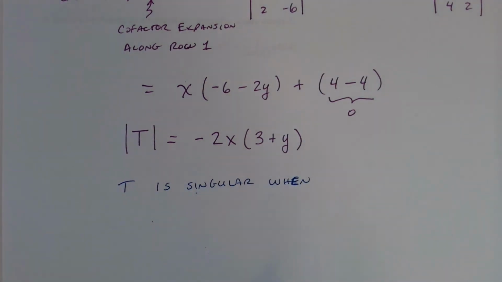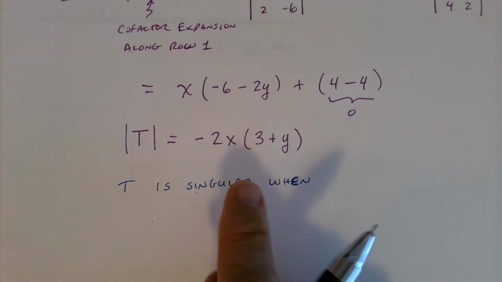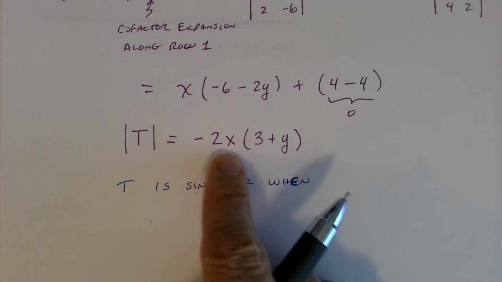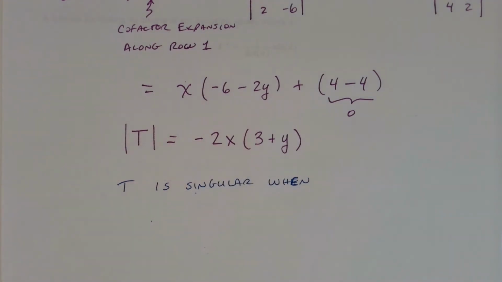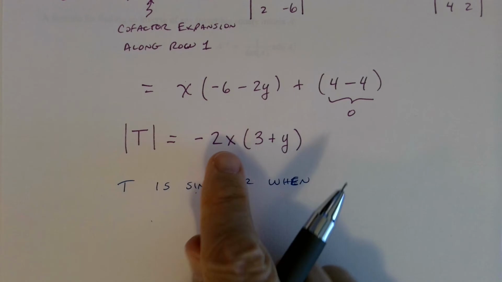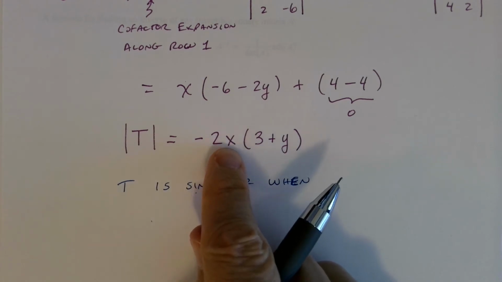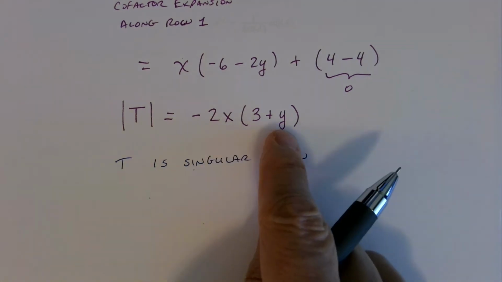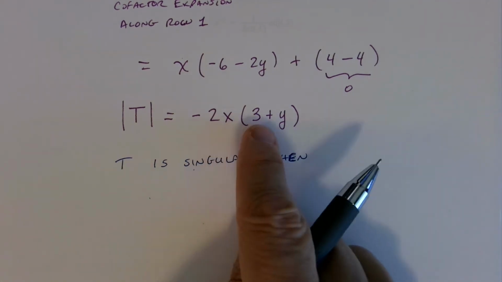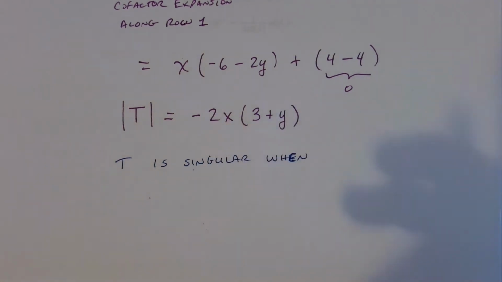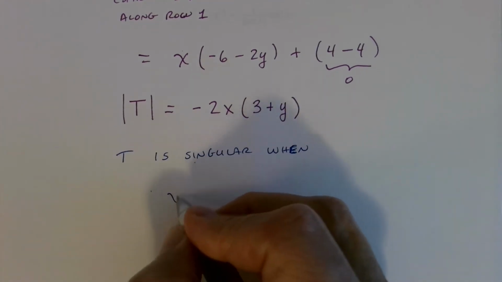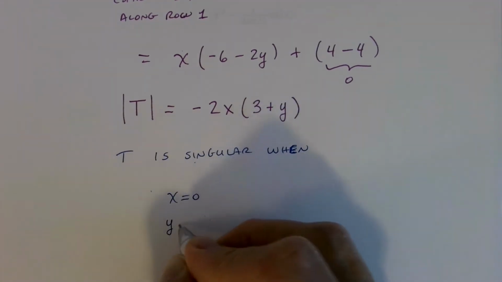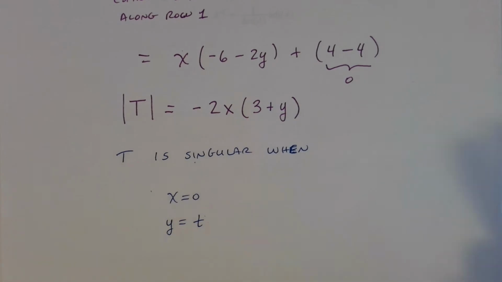Well, when x is 0, certainly it's going to be a determinant of 0. What would y have to be? If x is 0, y could be anything. If x is 0, y could be 20. 0 times 23 is still 0, right? And so T is singular when x is 0 and y is any parameter, we'll say t.